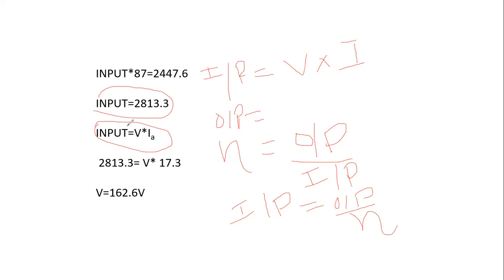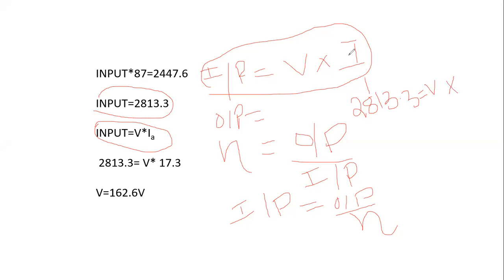Next, we determine the voltage. What is the input formula? We already know input equals V into I. We determined the input from the efficiency formula, and its value is 2813.3. We substitute: 2813.3 is equal to V into I, where V is the term to be determined.